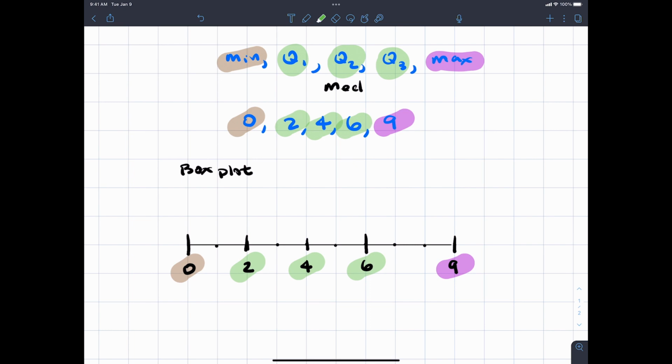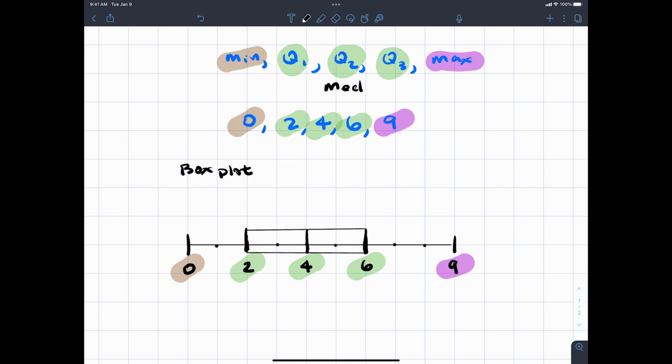Those are the quartiles, is that right? So what you'll do is you connect the quartiles, and you might want to go up higher or something. You create a box. And what you're seeing is what's known as a box plot, okay?